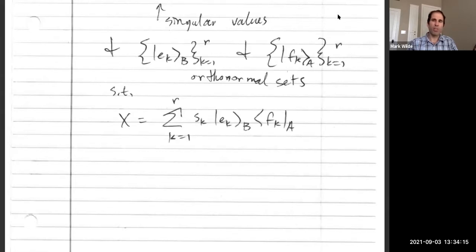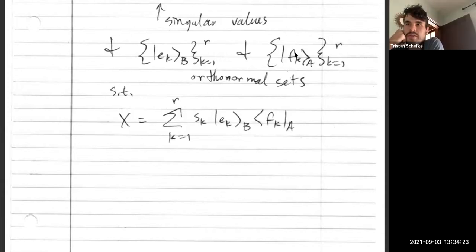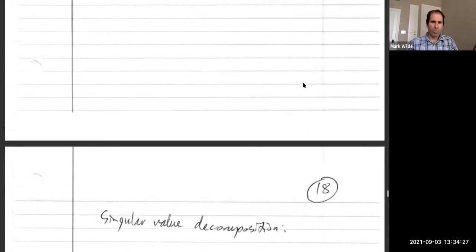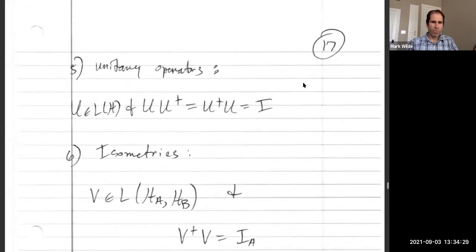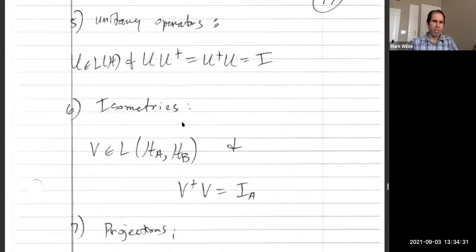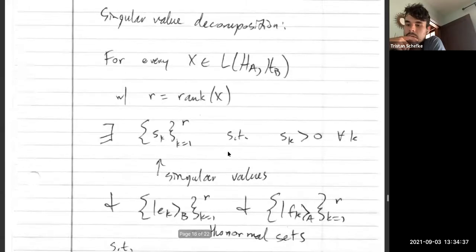What kind of operator is that? Would that be unitary? Very close. It's going to be an isometry in general, right?